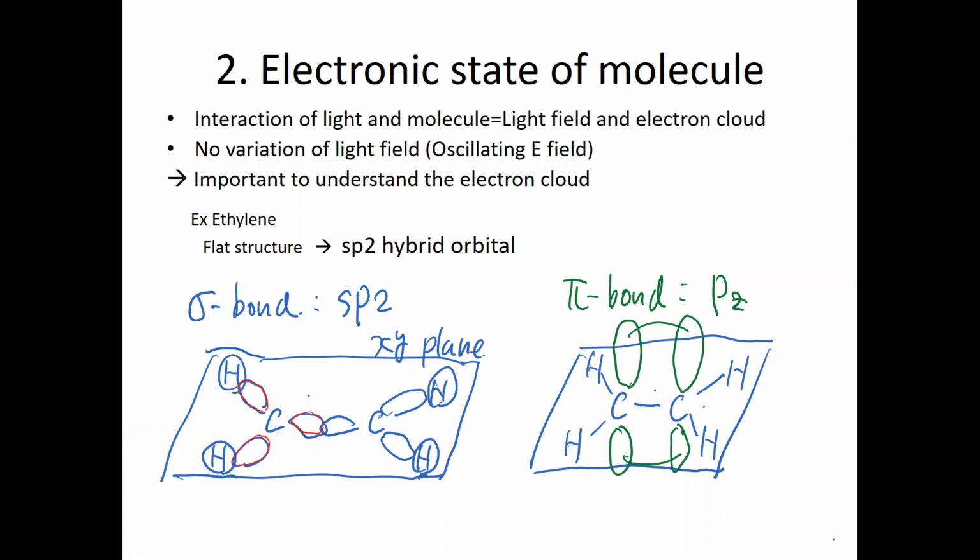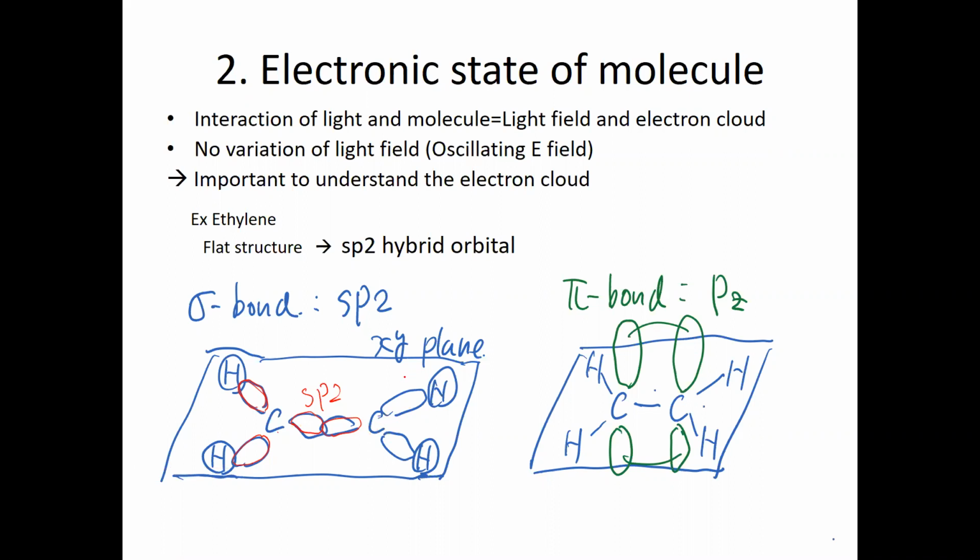That's the sp2 orbital. These sp2 orbitals make a bond with the counterpart carbon and 2 of the hydrogens. Similarly, the second carbon also has sp2 orbitals and makes bonds. They are in the XY plane.